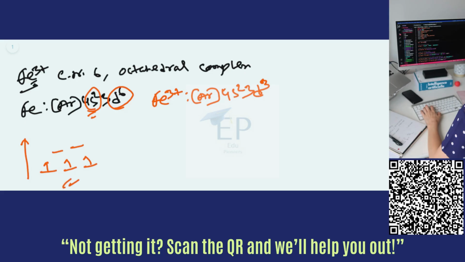That's the only possible diagram for Fe3+ in the case of the electrons getting lost from the d orbital. And that means that whether the complex is low spin or high spin, whether the ligand is strong field or weak field, that will not actually affect the electronic arrangement in the orbital splitting. And that's why we will not be able to say anything about the magnetic properties of the complex.